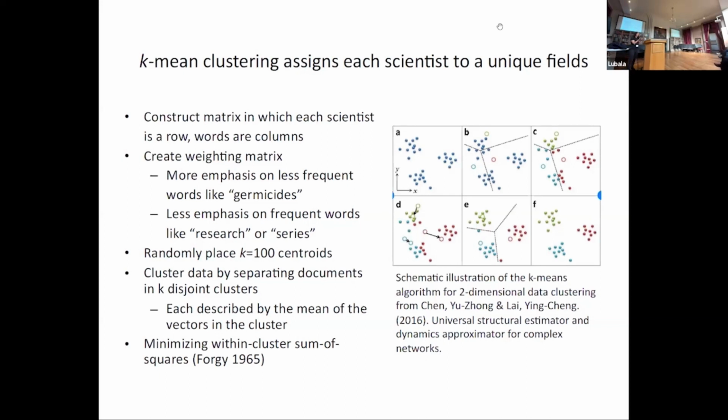The k-means algorithm downweights words that are frequent, like research, basically meaningless, and it upweights words that are not so frequent, like germicides. And then we put 100 points into this giant matrix. The algorithm moves them around to minimize the sum of square distances, and every scientist is assigned to exactly one field.